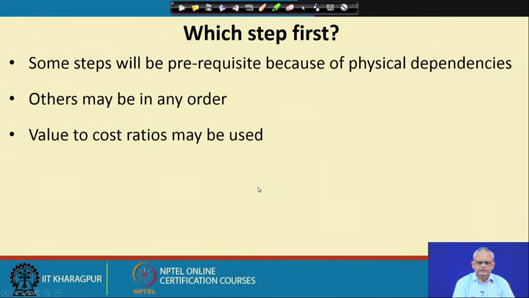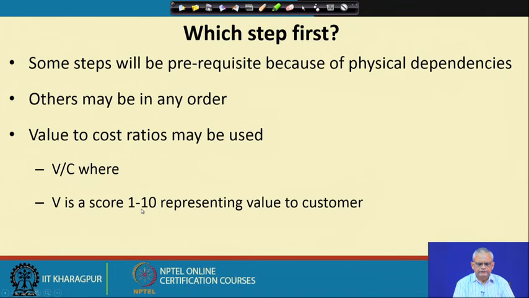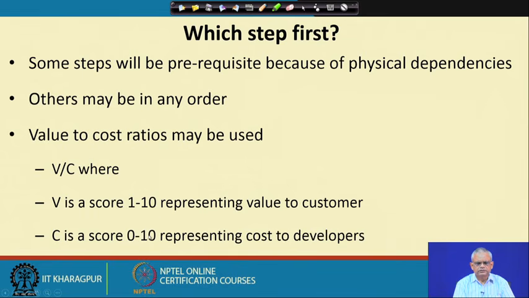But if some requirements can be done in any order, then we can compute a value to cost ratio. This is called the V by C ratio, where V is the value to the customer. We can ask the customer to give a value 1 to 10, and C is the cost of development, which can also be given a value 1 to 10.